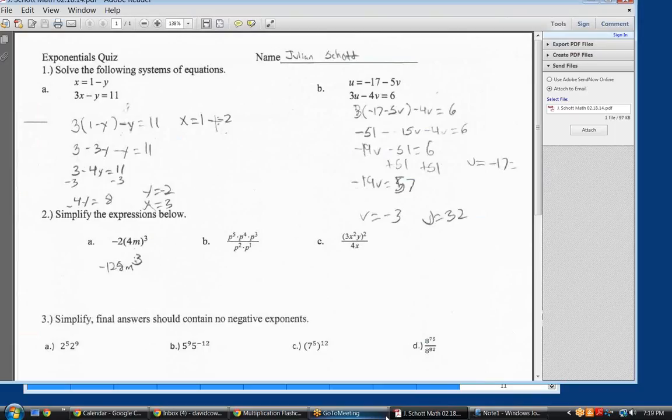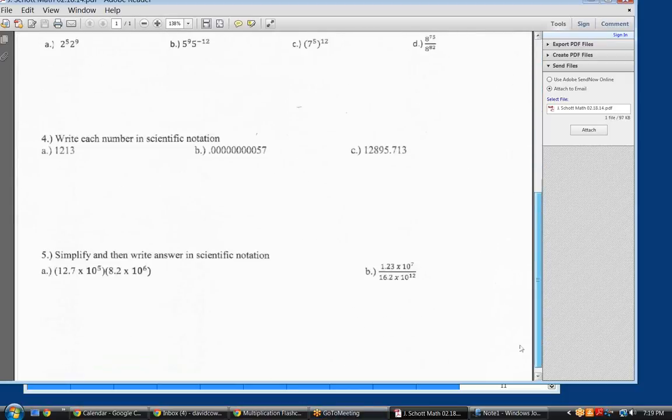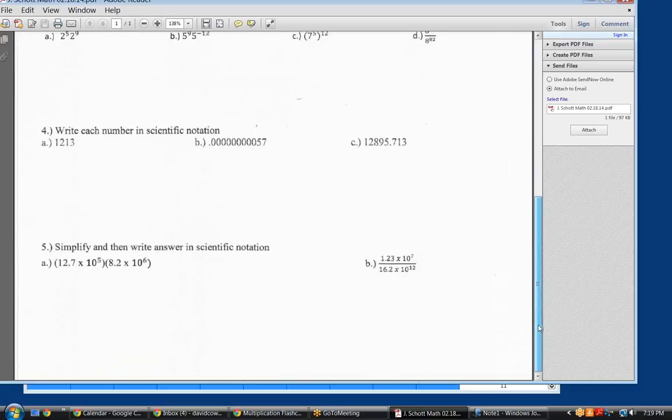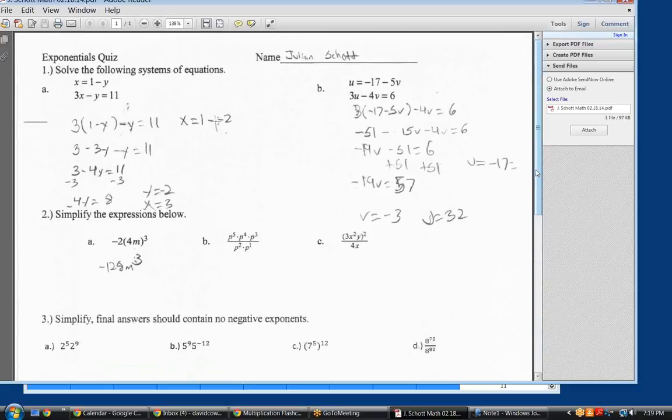Look at your sheet here again just quickly. No, I think you're pretty good to go on this, Julian. You feel comfortable with it? Yeah.